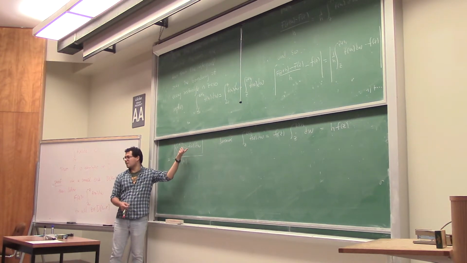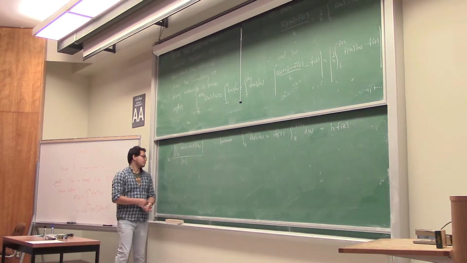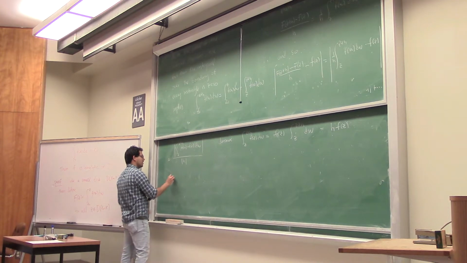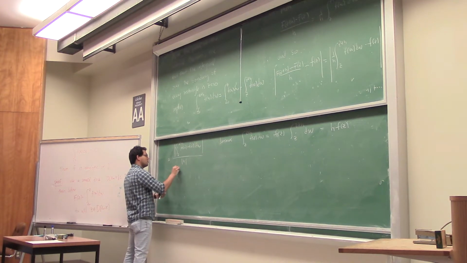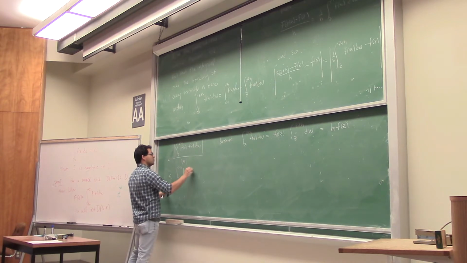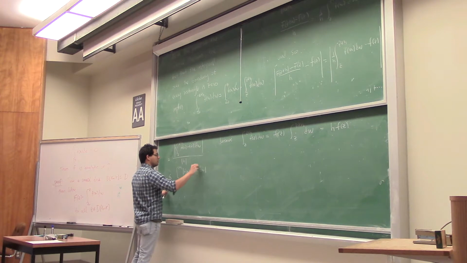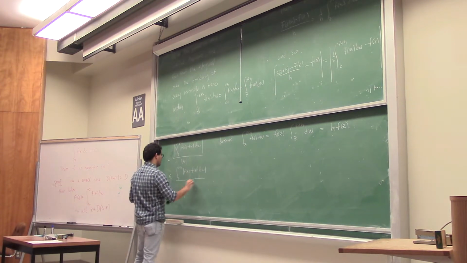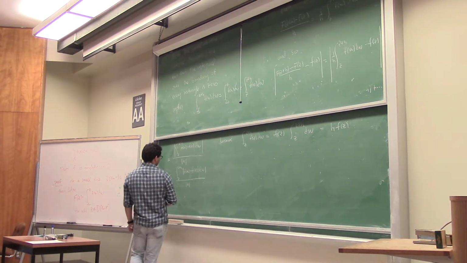You really use that the function is continuous. That's all you use. So that is necessary: the integral between z and z plus h of the absolute value of f of w minus f of z dw, all over the absolute value of h.